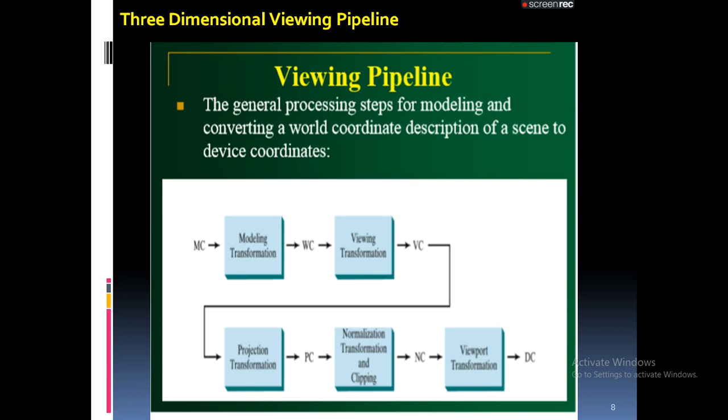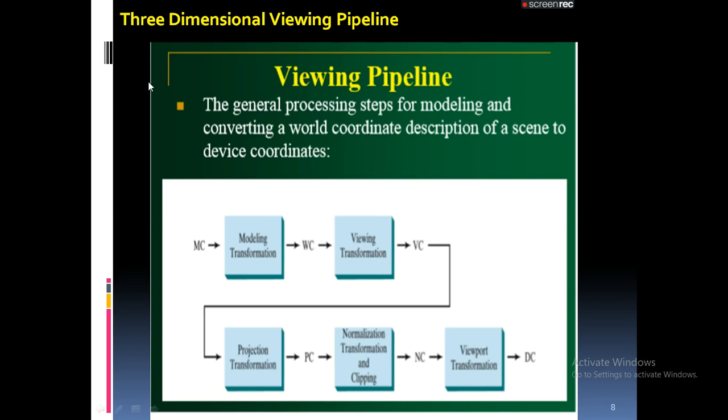Finally, normalization transformations will map to the viewport transformations. Then finally, the viewport transformation will display the image on the screen by performing screen coordinates mapping.